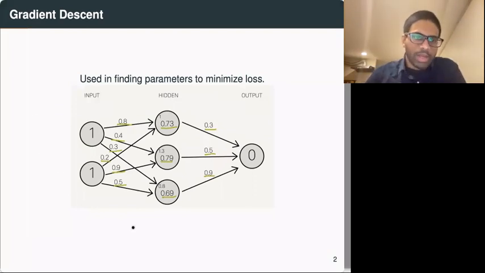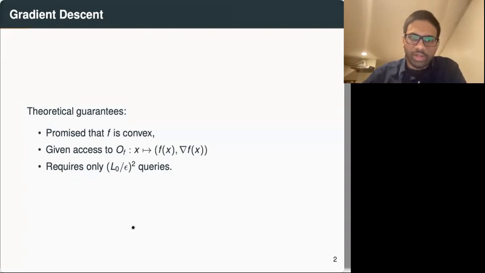It's used when you have many parameters, and there is some theoretical backing for this. To see why, we can look at this very nice guarantee that gradient descent has. If you're promised that f is convex, and the oracle that you have gives you not just the function value, but also the gradient of f, then gradient descent requires only L0 by epsilon square queries in order to find an epsilon optimal point.